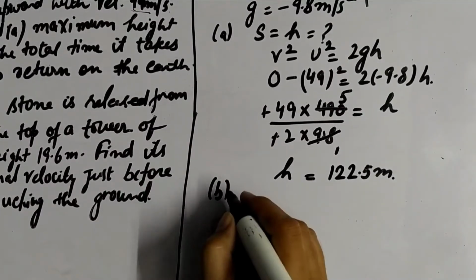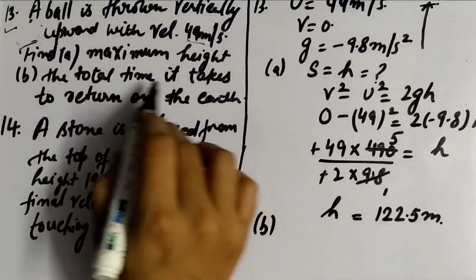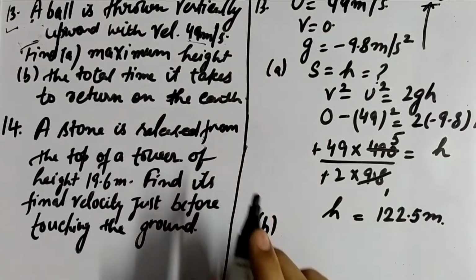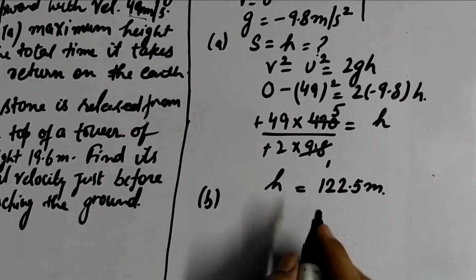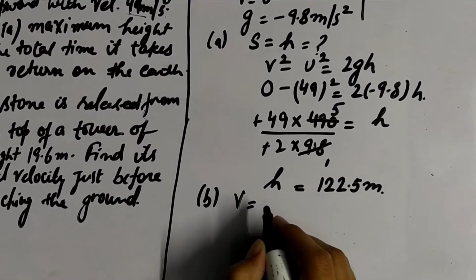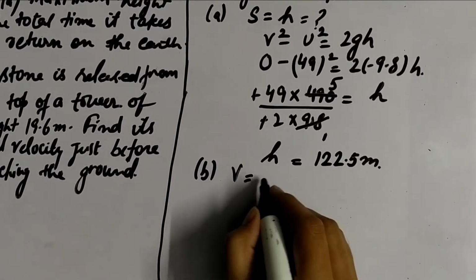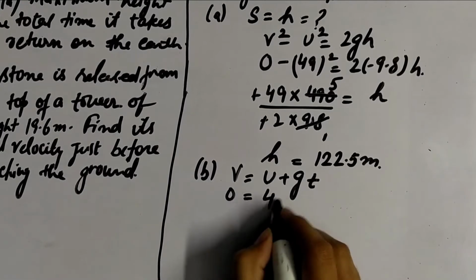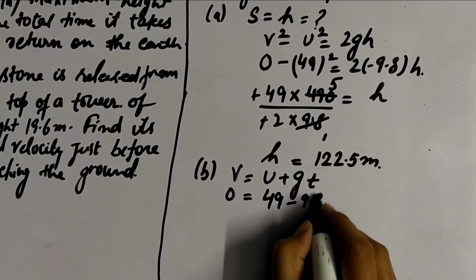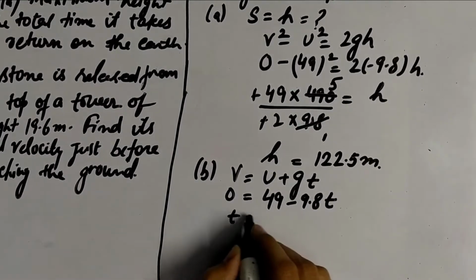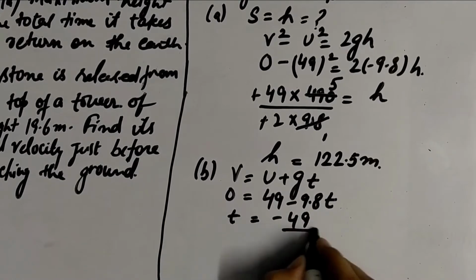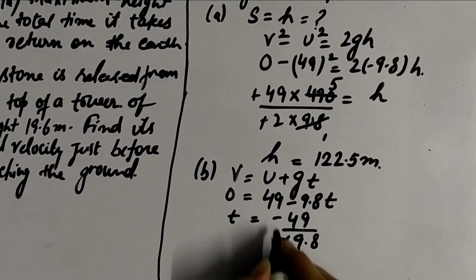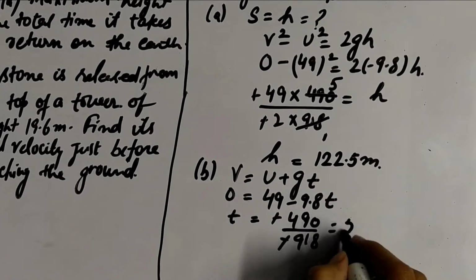And in part B, we need to find the total time it takes to return to the earth. Here we'll apply the first equation of motion, v equals u plus gt. v is 0, u is 49 and g is minus 9.8. t we need to find. So minus 49 upon minus 9.8, this cancels and we get 5 seconds.